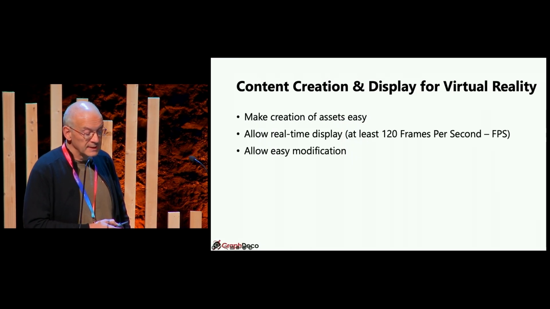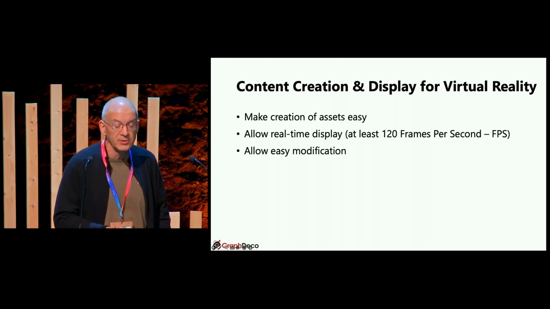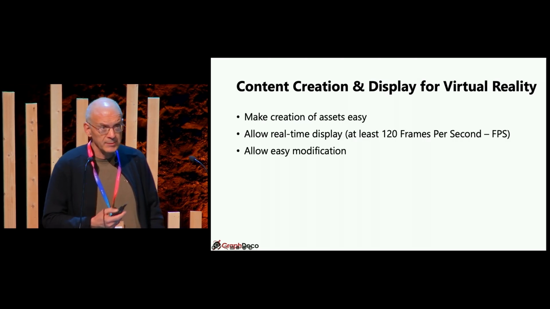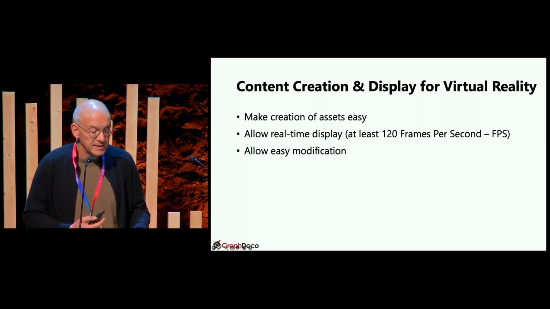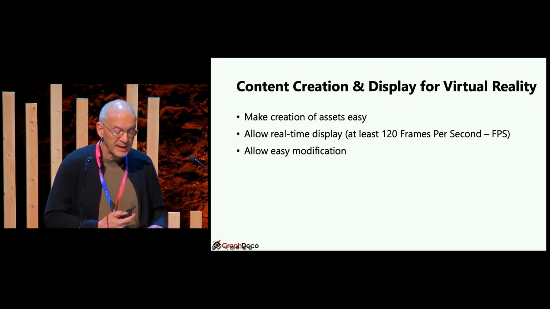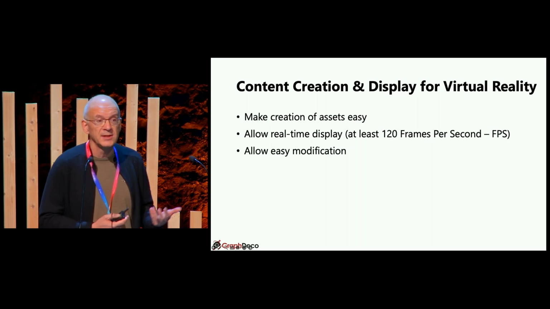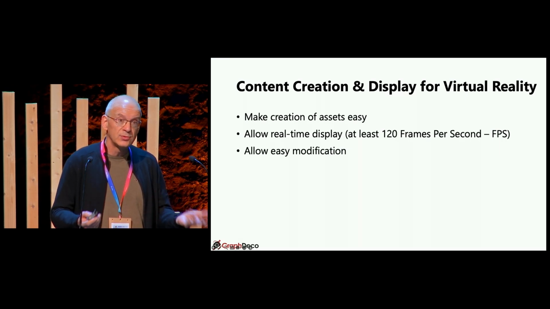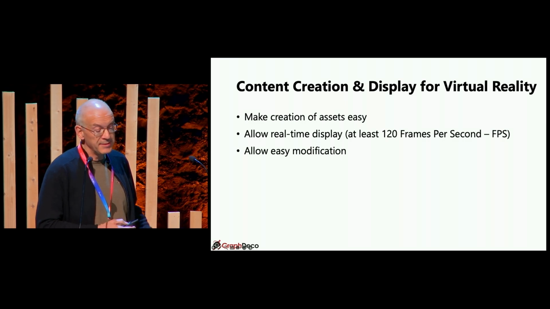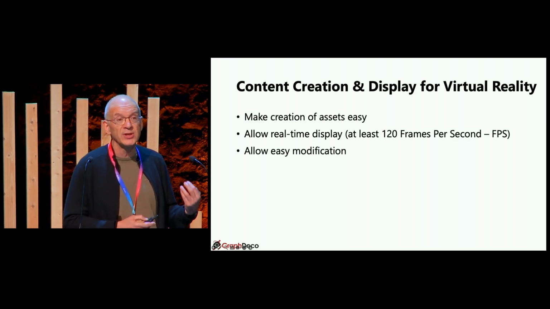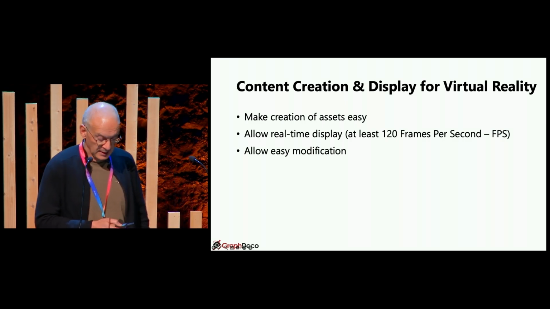And of course, it is very relevant for virtual reality. In essence, in virtual reality, we need to create these assets, making it easy, making it fast to display. So VR has the additional constraint of requiring 2 times 60 FPS at least, maybe even more these days. And the third aspect is to allow easy modification of these assets.